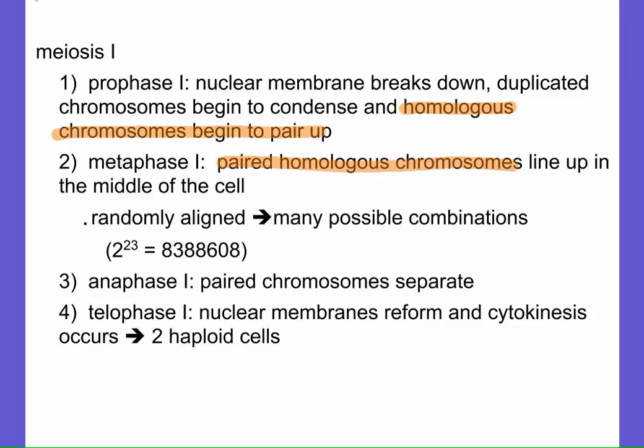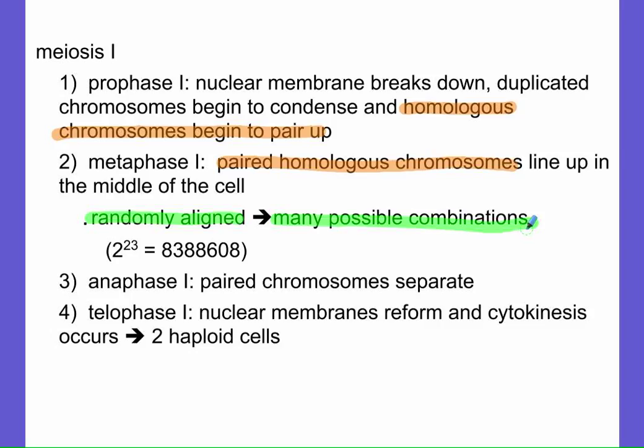But understand that although we make it look really simple in a cell like this that only has 4 chromosomes, when you have more chromosomes, there's more possible combinations. And also understand what that means. I'm going to highlight this a different color for a reason, so if you can, do it. I want it emphasized. That random alignment is why sexually reproducing populations end up with such a huge diversity of genes, right?